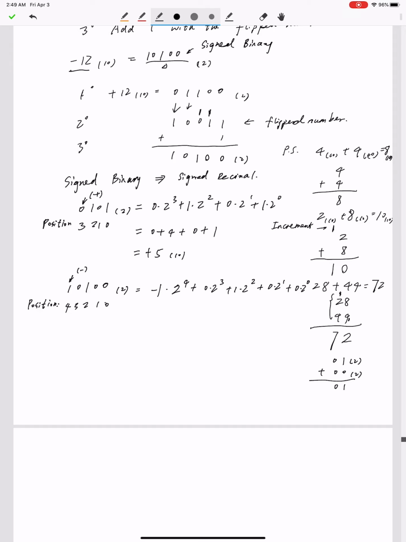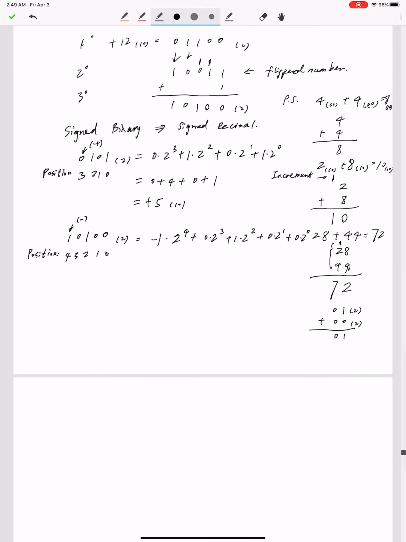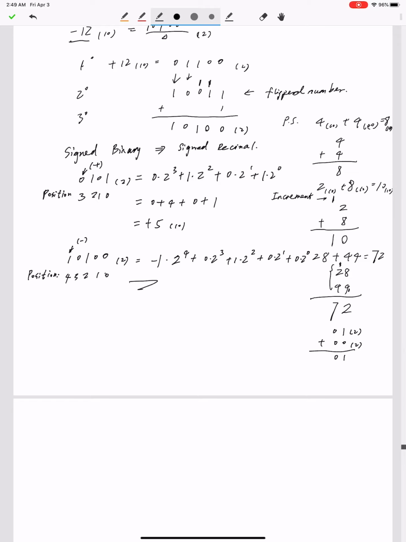That equals -1 times 16 plus 0 plus 4 plus 0 plus 0, which equals -12. So here you have to use -1 for the first digit, because we have a signed binary number, and the first digit is 1, which means this is a negative binary number. Okay.